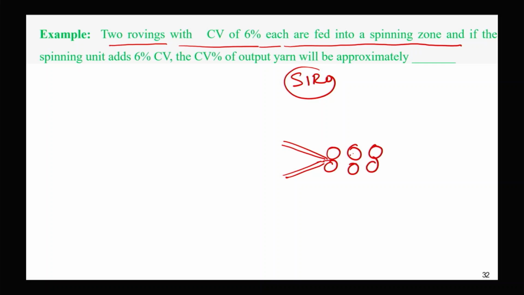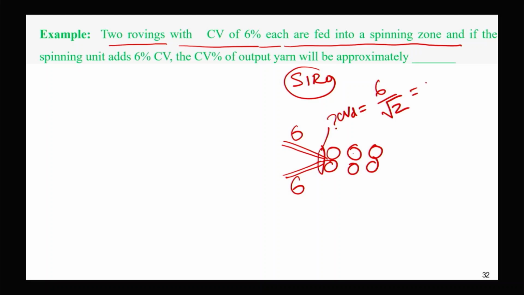This roving has a CV% of 6%, and this roving has 6%. What will be the CV% of the feed material, the doubled material?